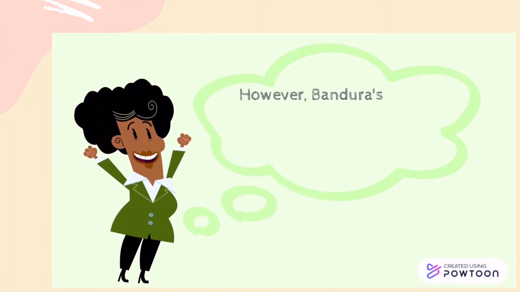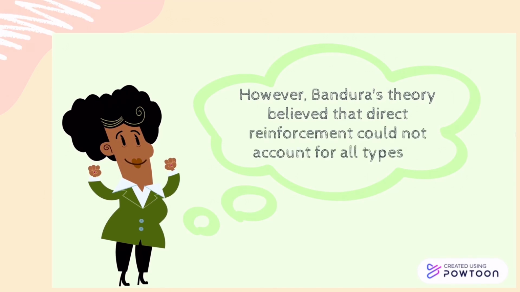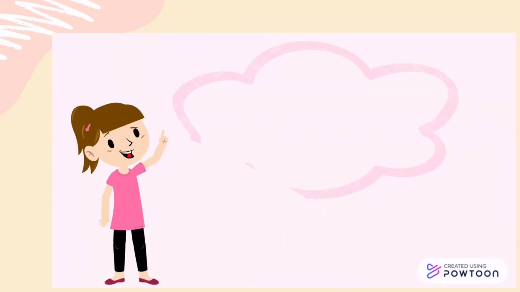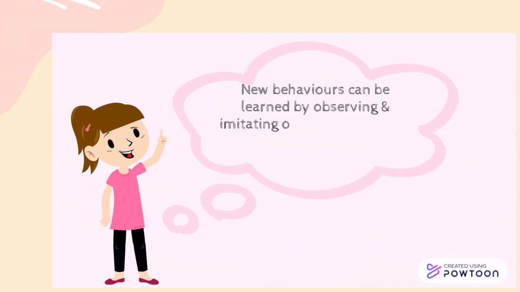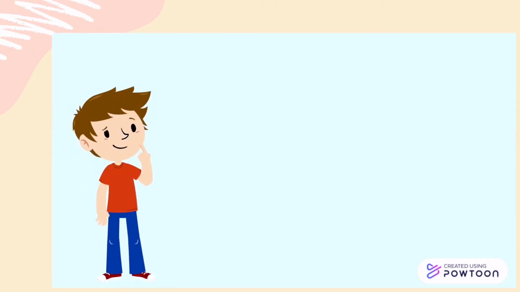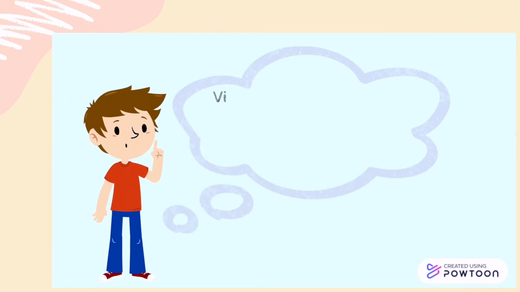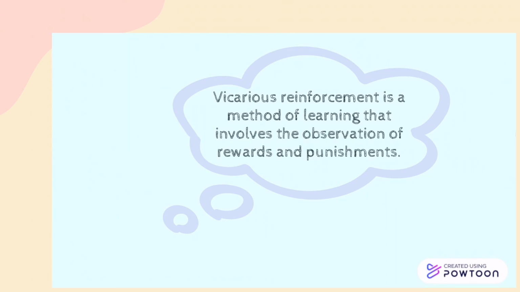However, Bandura's theory believed that direct reinforcement could not account for all types of learning. It is then claimed that new behaviors can be learned by observing and imitating others, and this is according to a theory of learning process and social behavior. Furthermore, vicarious reinforcement is a method of learning that involves the observation of rewards and punishments.